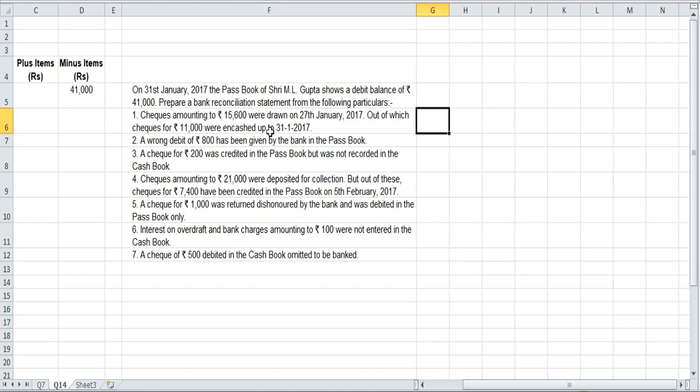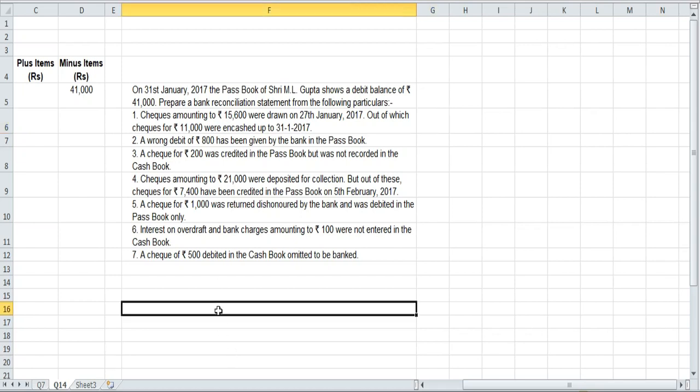2017. So here from your cash book, how much of check is drawn, taken out? 15,600. But by 31st January from your passbook, only how much amount of check was drawn? 11,000.